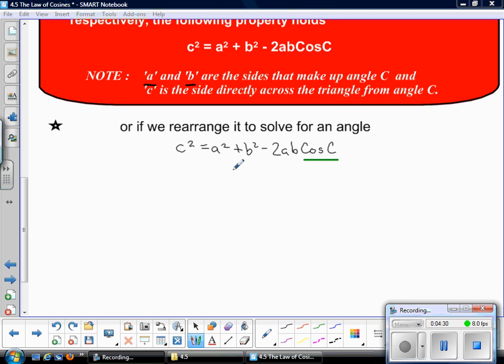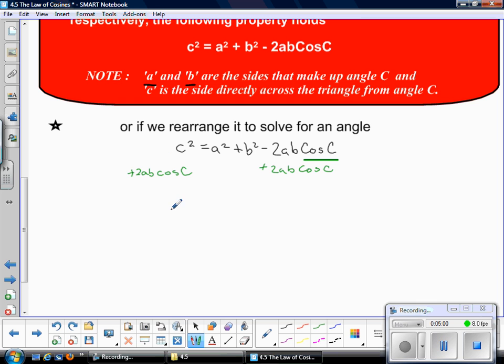I'm going to add 2ab cos of C to both sides. And you're saying, how come she changed her mind? Well, there are many different forms of any one formula, and I'm just thinking it might be easier this way.